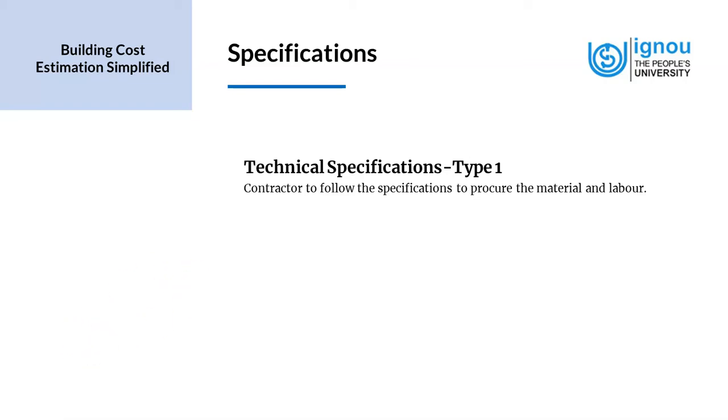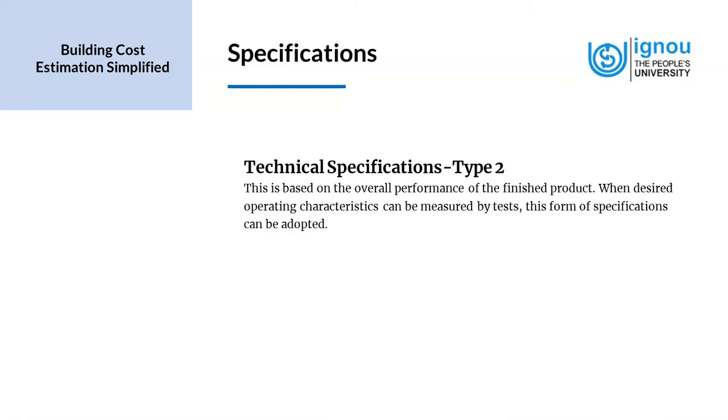Now, Type 2 technical specifications, this is based on the overall performance of the finished product. When desired operating characteristics can be measured by tests, this form of specification can be adopted.